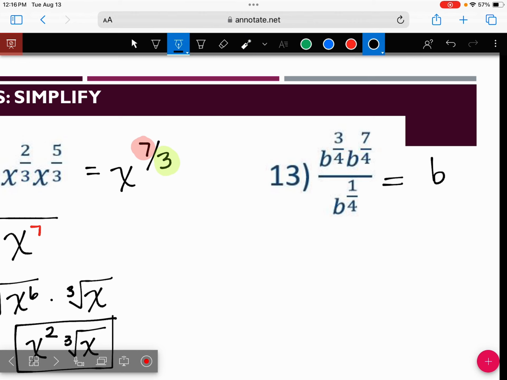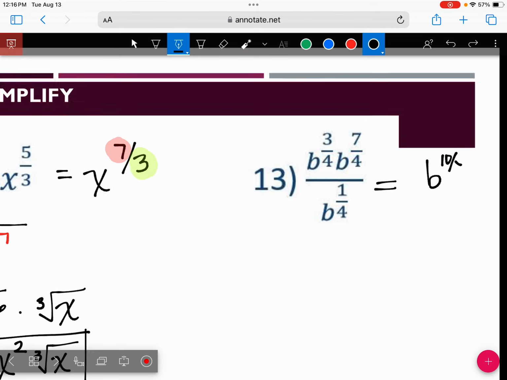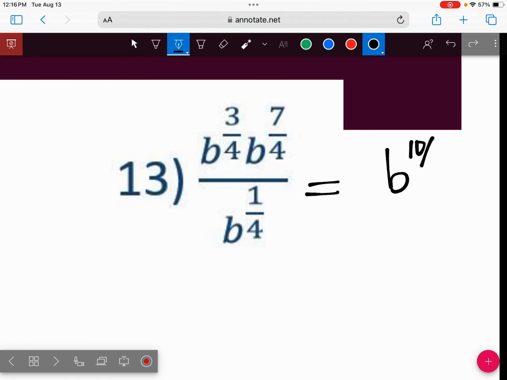So that would be b to the power of 10/4, divided by b to the power of 1/4. Anybody remember from Algebra 1, what do you do with your exponents when you're dividing them? Subtract them. What's 10/4 minus 1/4? 9/4.